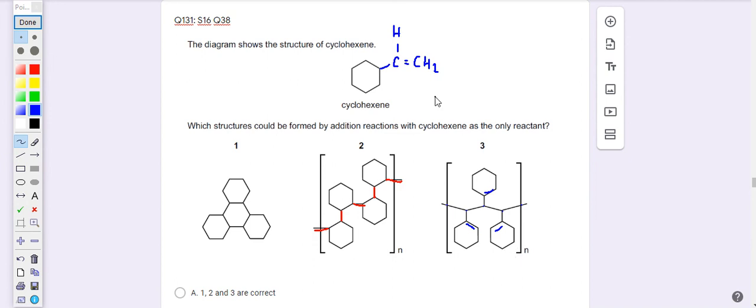So it is not cyclohexene, or maybe cyclohexene has reacted with ethene. So cyclohexene is not the only reactant to form a polymer in number 3. So the answer is 1 and 2 only are correct.